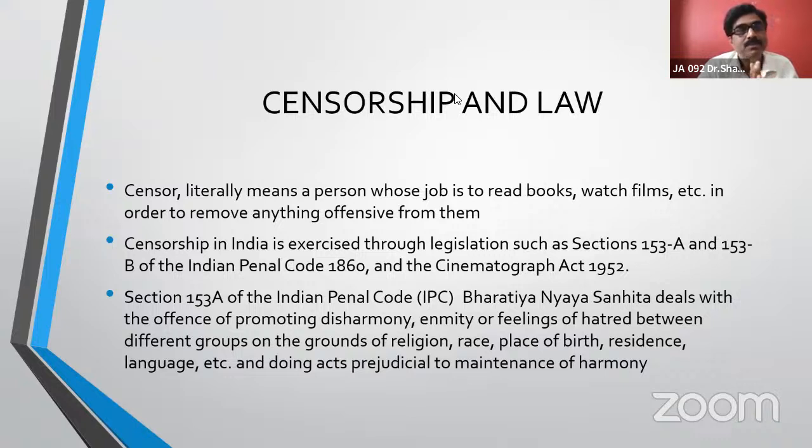So 153A highlights the acts that promote disharmony, enmity, or hatred between different groups, ethnic groups, or religions, discrimination based on race, place of birth, residence and language. Any activities promoting this will be covered under this censorship.